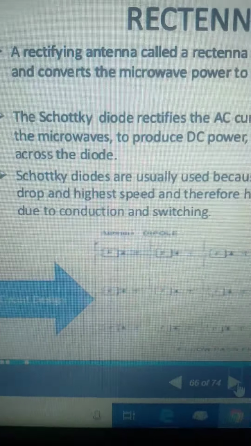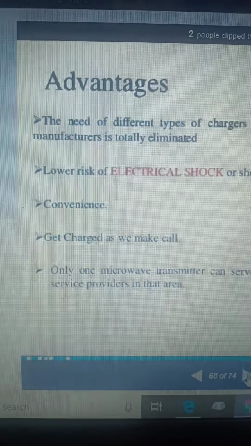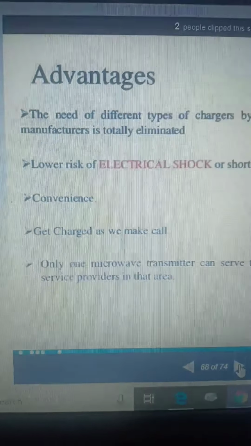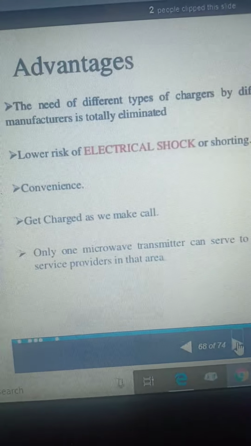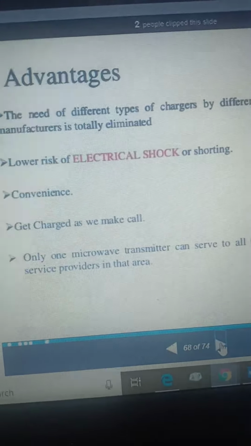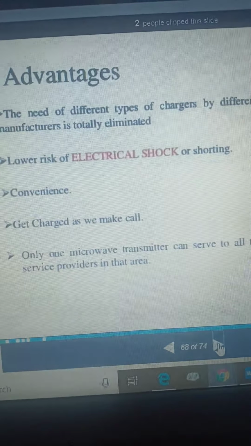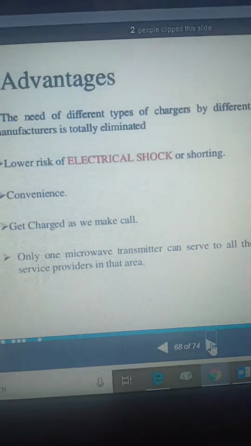Once we receive a call, the mobile automatically gets charged, so it is convenient. And one microwave transmitter will serve all the service providers in that particular area. If one microwave transmitter is provided, it is more than enough.